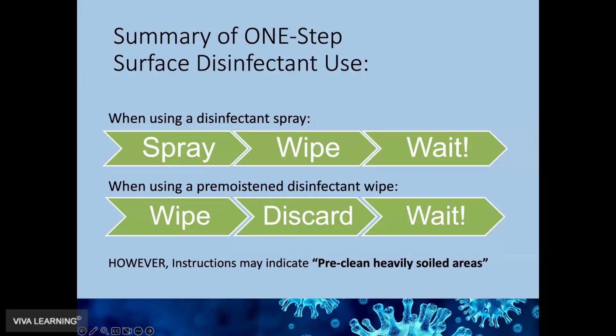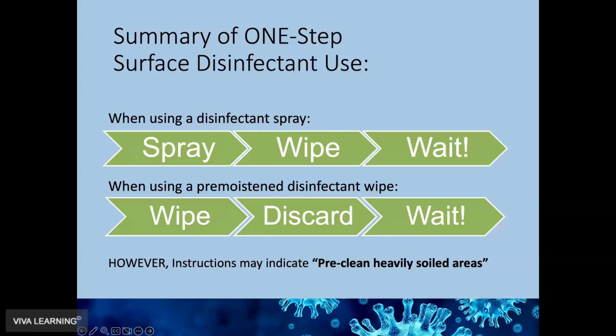Now, sometimes we're using a one-step product, meaning you clean and disinfect in one swoop. If you're using a spray, your sequence is spray, wipe, wait. If you're using a pre-moistened towelette, then wipe, discard, wait, and you're waiting for the duration of the contact time or kill time.